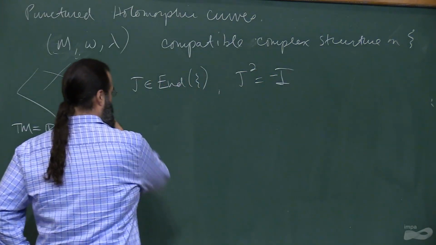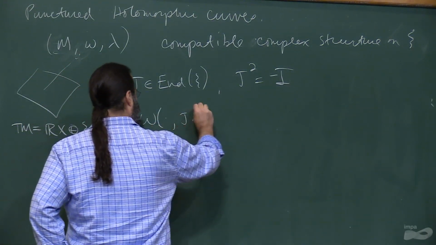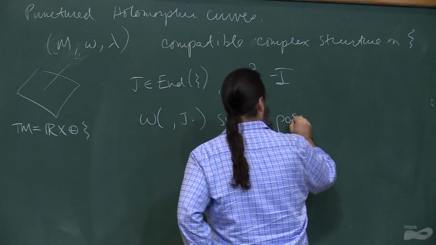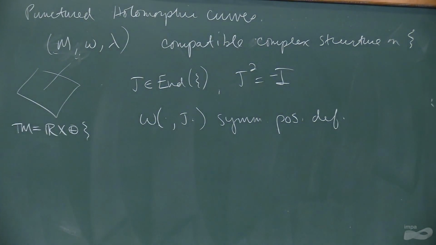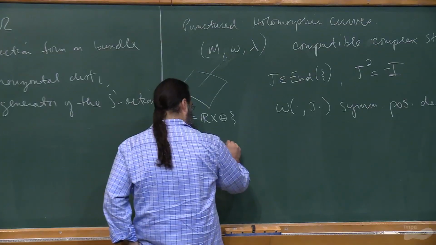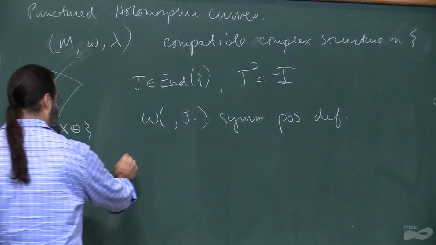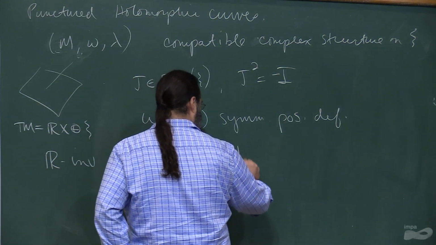That's a complex structure on C, and it's compatible if this is symmetric and positive definite. And so given this data, we can then extend this to an R-invariant almost complex structure on R cross M.